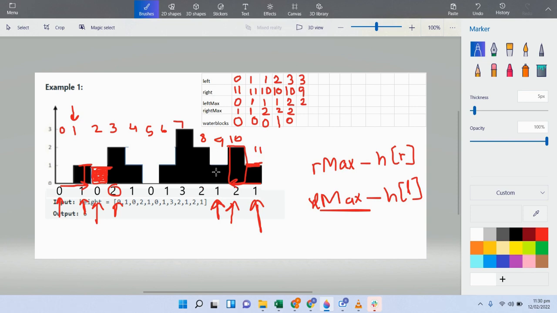But if you see the height is 1, so the right max is not going to change, it will remain the same. Okay, but when you calculate right max, which is 2, with the current height of 1. How much is the current height? It is 1. So 2 minus 1 is equal to 1. So I can add one block of water at this position, right?